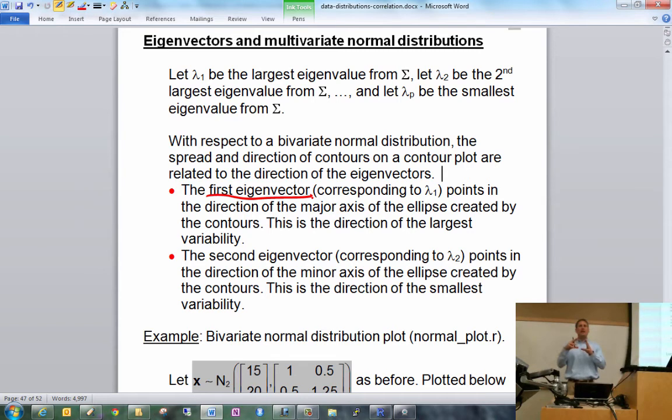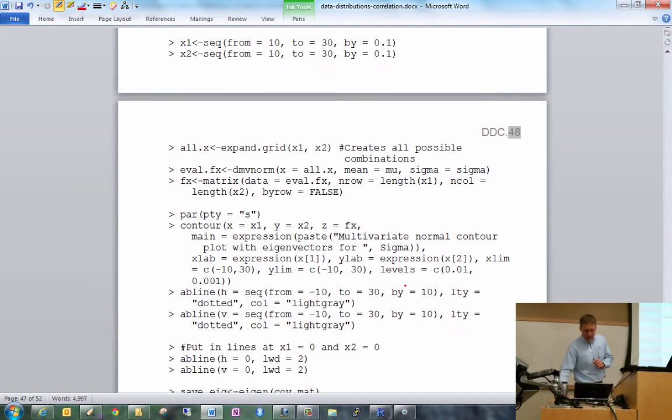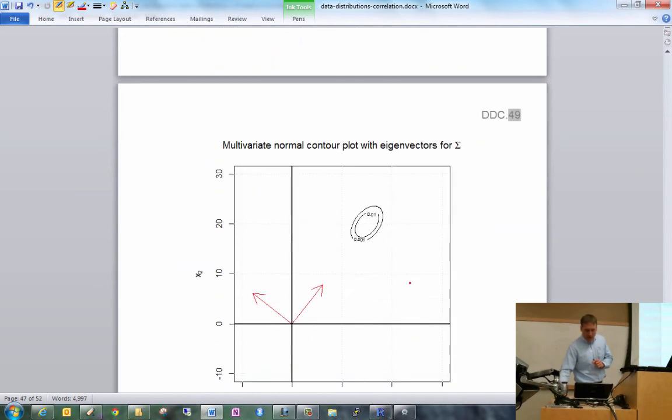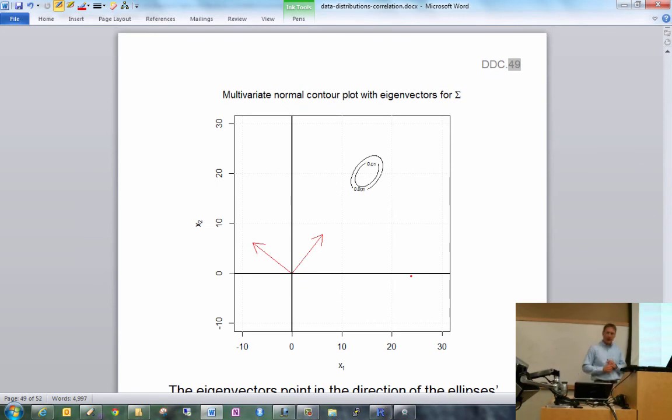It's going to point in the direction of what's called the major axis of this contour for a bivariate normal. So for example, let me jump ahead to this example, and then I'll explain more later how I got these plots. Here's the same normal distribution that we've looked at before. I've drawn just 2 contours, just 2.